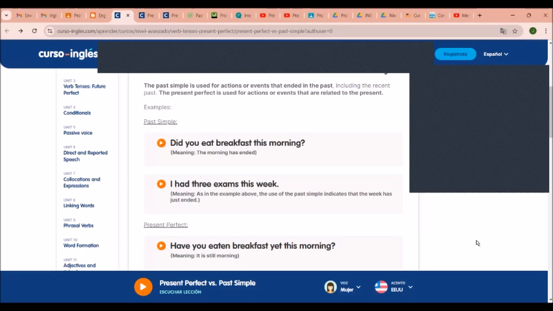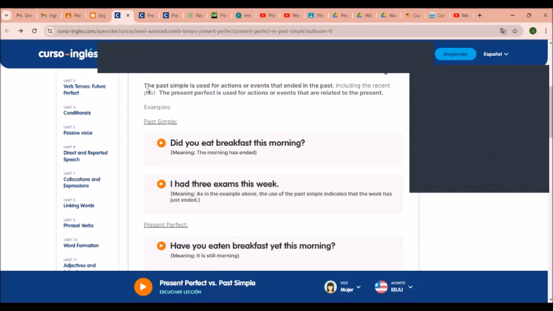Let's start here. When do we use the past simple and when do we use the present perfect? And some examples. The past simple is used for actions or events that ended in the past, including the recent past.